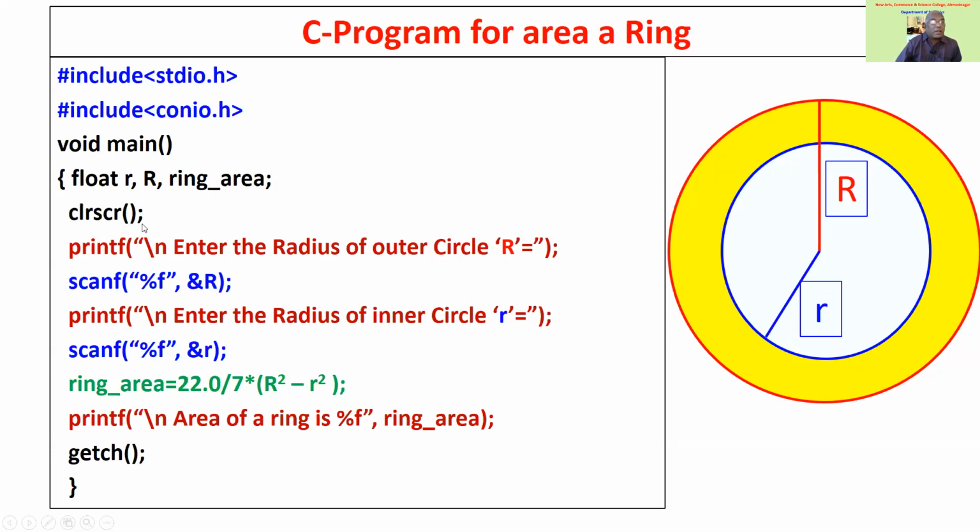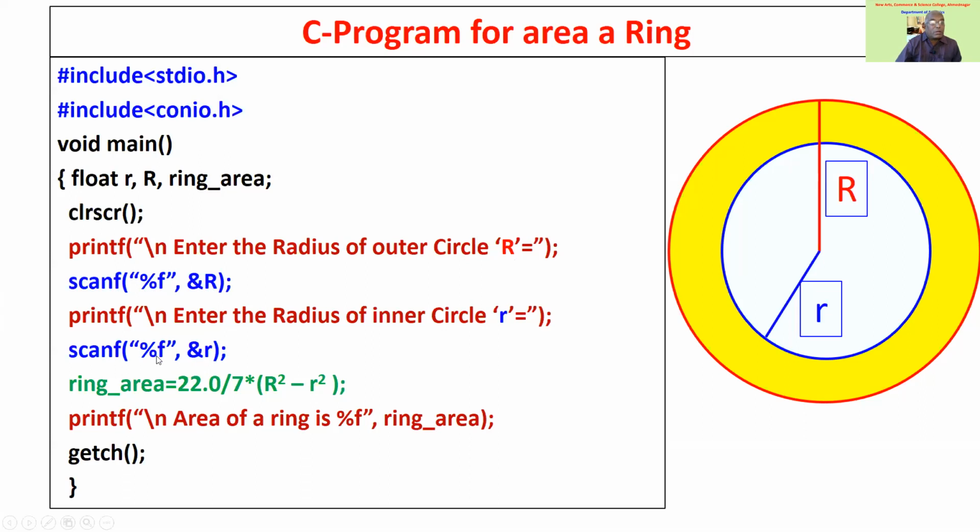Clrscr. Now the message printf, enter the radius of outer circle capital R. You enter through the keyboard a floating point number against capital R, which is the radius of the outer circle. Second message, printf, enter the radius of inner circle small r. You enter the value of small r as a floating point number.